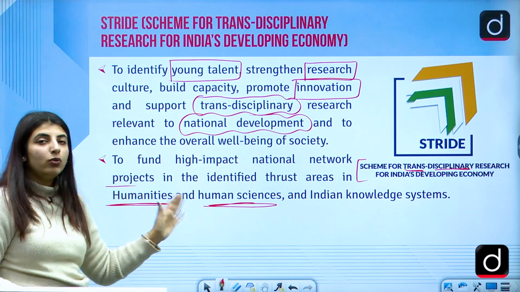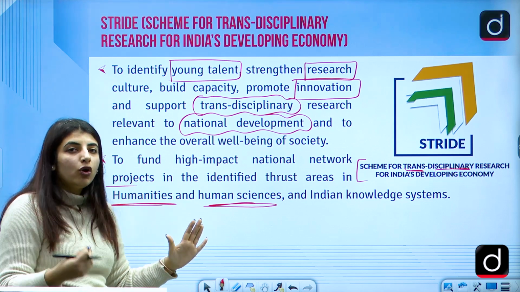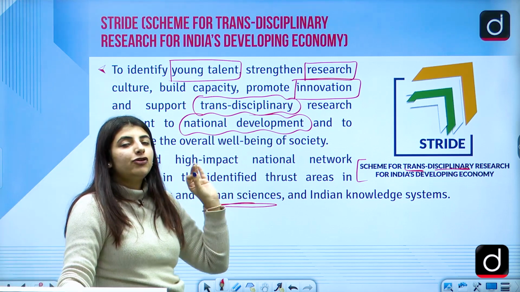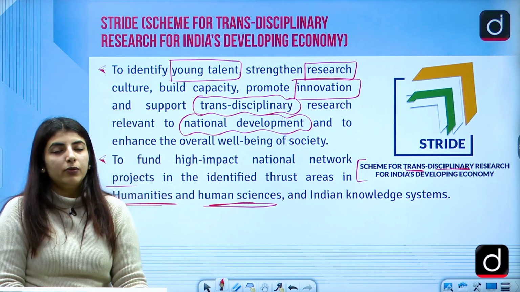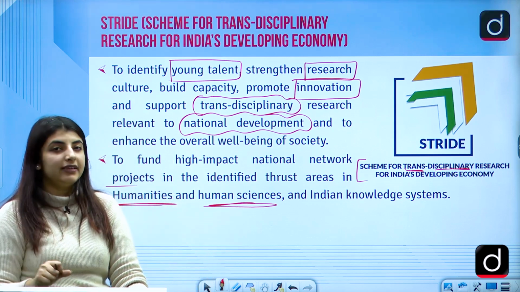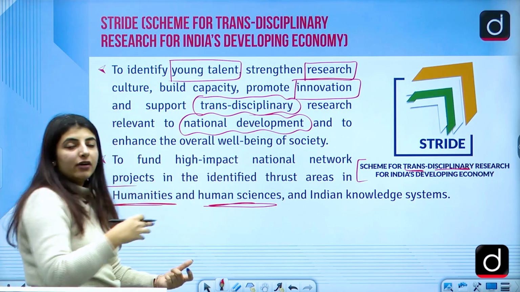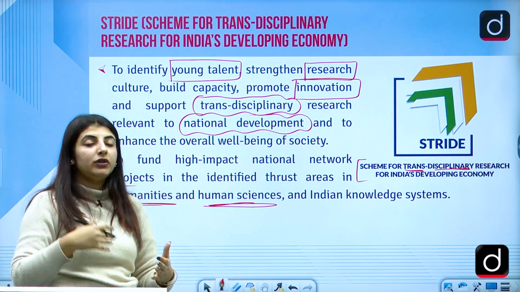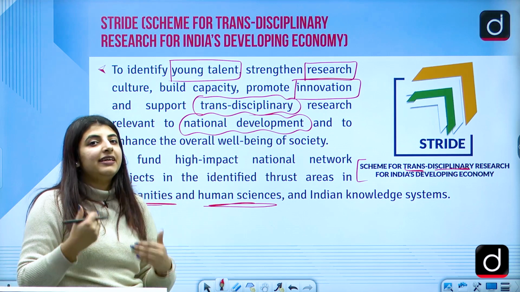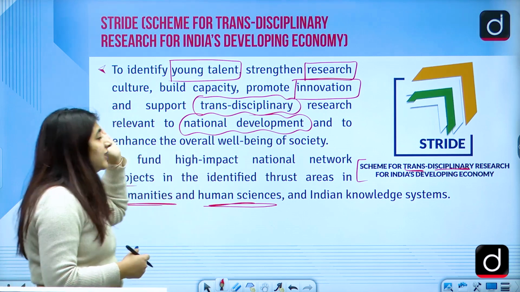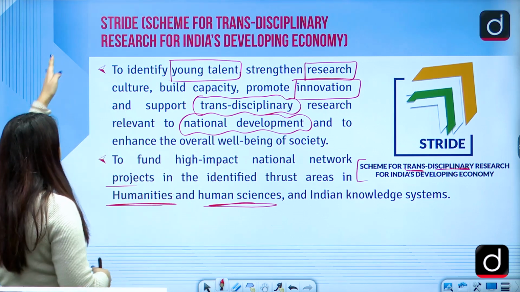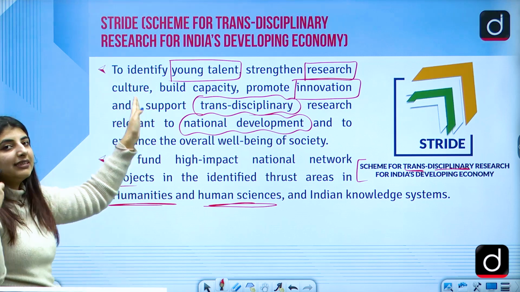So basically, the main goal is to bring forward transdisciplinary research, right? For what? For the development of India, because through research as well, the economy develops, right? So this is what we have in the type of scheme, that is STRIDE.